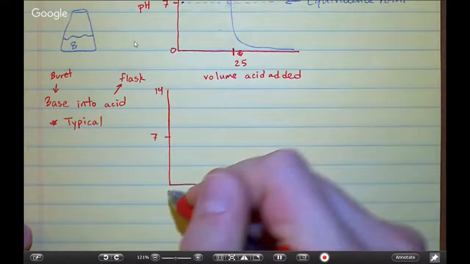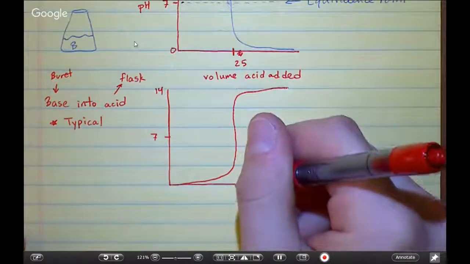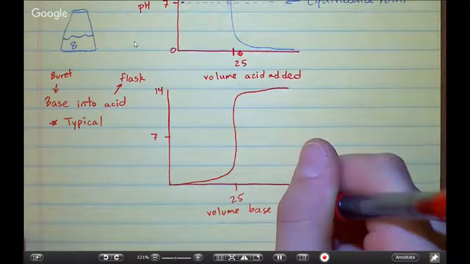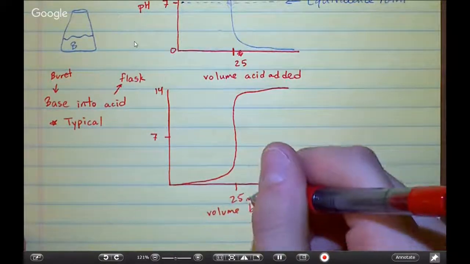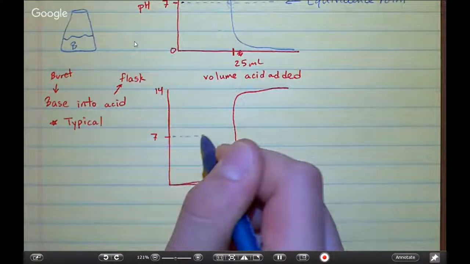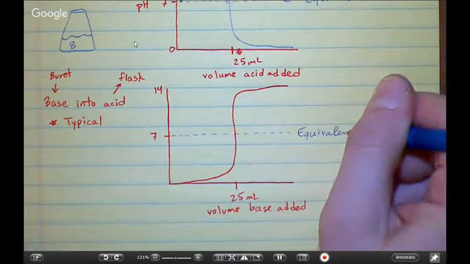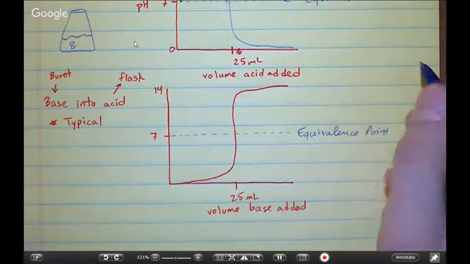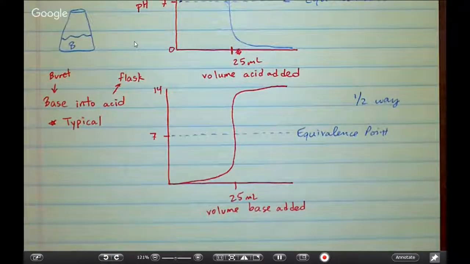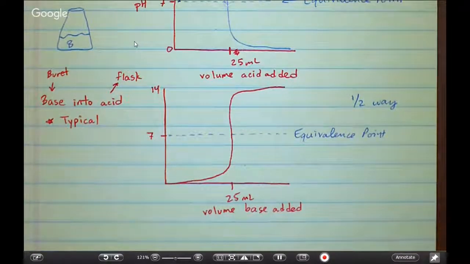So in this example, we see the volume of base added right around that 25 milliliters. We reach our equivalence point right about there. Which, if you're catching on, is around the halfway point. So where we have the sharp change here, the halfway point, is where our equivalence point lies.